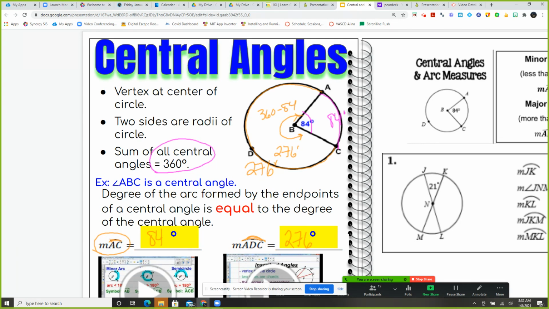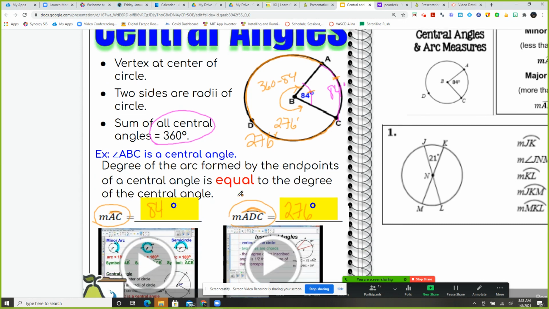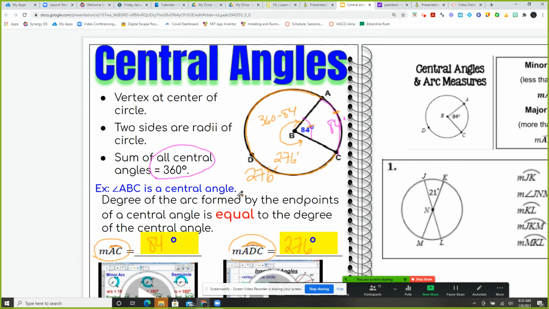So I'm going from A past D all the way to C. This is how it's noted to go all the way around the circle the long way. So central angles meet at the center. They're always going to add up to 360 degrees, and the arc and the angle opposite it are always the same number of degrees. Does that kind of make sense?